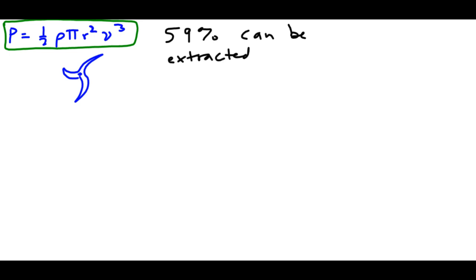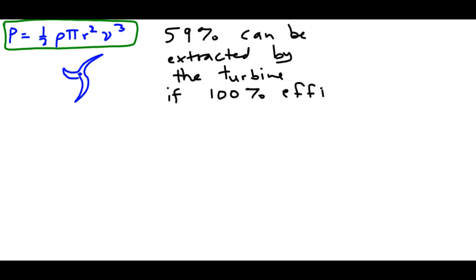59% of the wind's power can be extracted by the turbine if the turbine has no energy loss whatsoever.